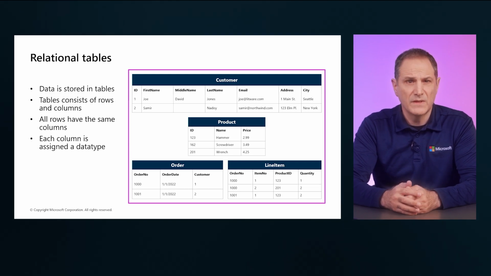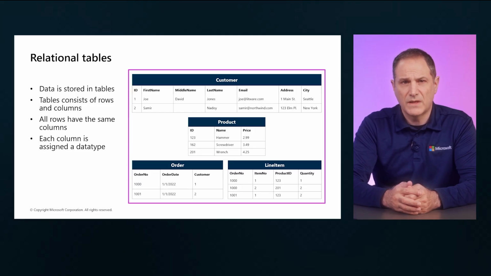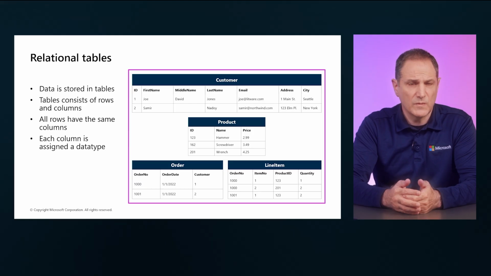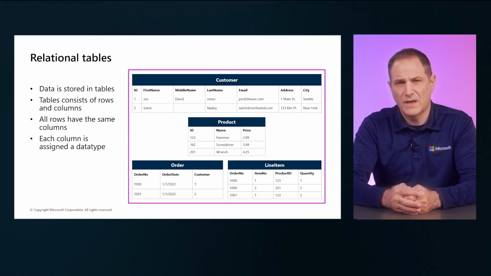The price column in a product uses a decimal number, which allows the system to calculate totals and averages accurately. A quantity column often uses an integer value, so it can count whole units, while an order date column will use a date or date and time data type, so the system can understand chronological order and time-based relationships. These data types help enforce accuracy and consistency.